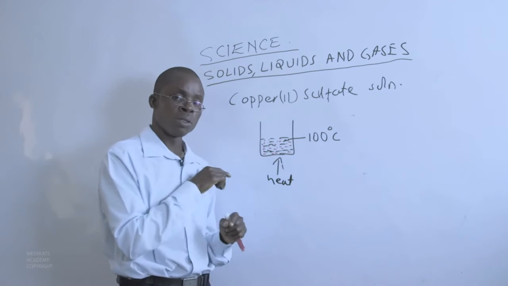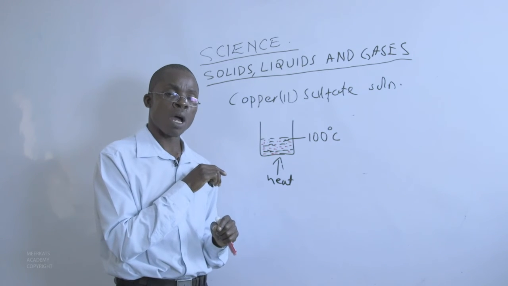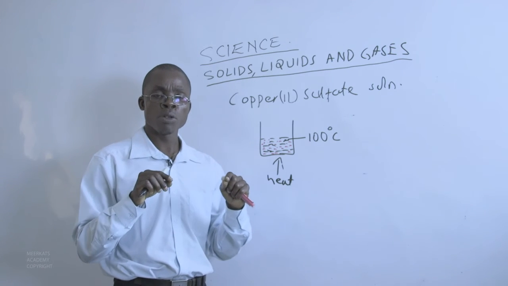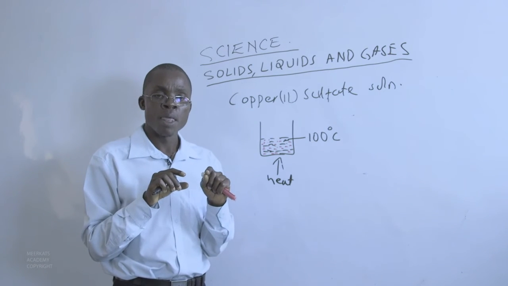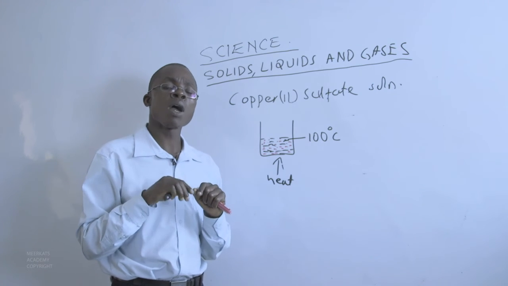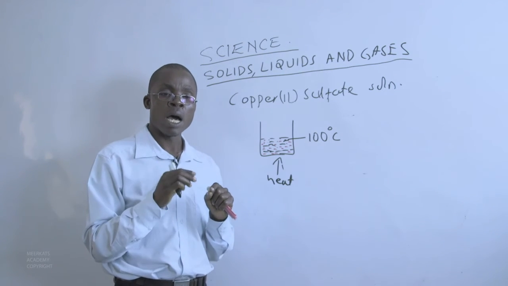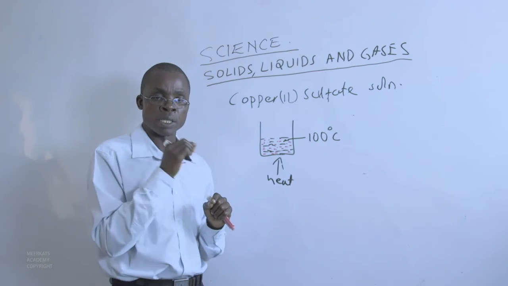These particles will also absorb some heat energy, and when they absorb that heat energy, it means you will require more for all the water molecules to get the heat energy as they were supposed to get.